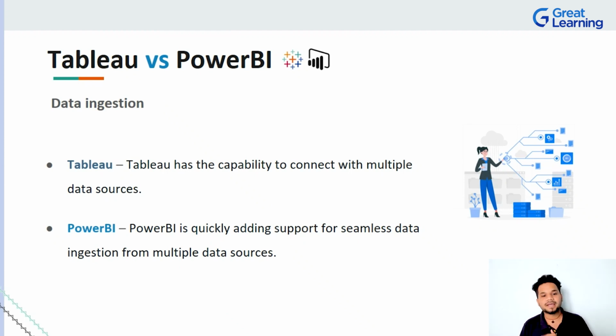What about Power BI? Power BI is a tool which is still playing a catch-up game, in my opinion, adding more and more support with every passing day for how you can bring in data seamlessly from multiple sources and work with it. Of course, you cannot simply say Tableau brings its data from 10 sources, Power BI brings it from 12, so Power BI is the winner. Not really.